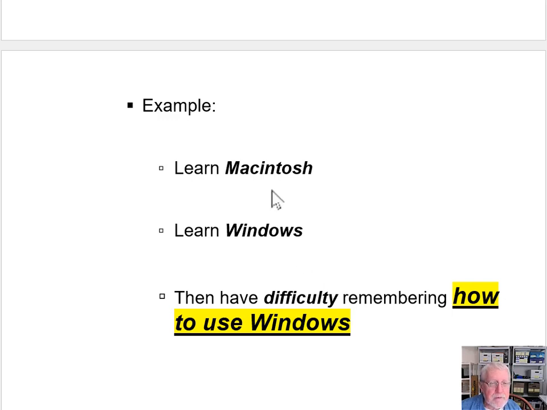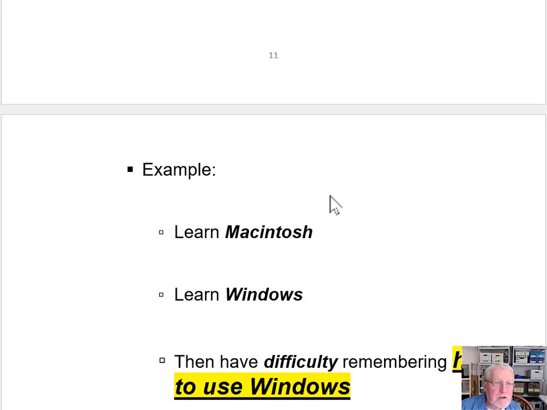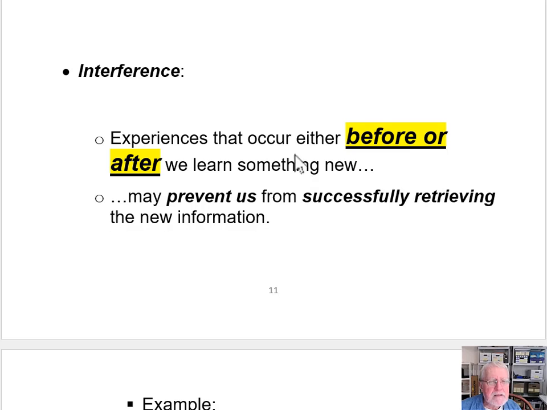Same thing would have happened if I had begun with Windows and then later switched to Macintosh. The earlier information would have interfered with my ability to retrieve the later information. Either way, that is interference. Experiences that occur either before or after we learn something new may prevent us from successfully retrieving the new information.